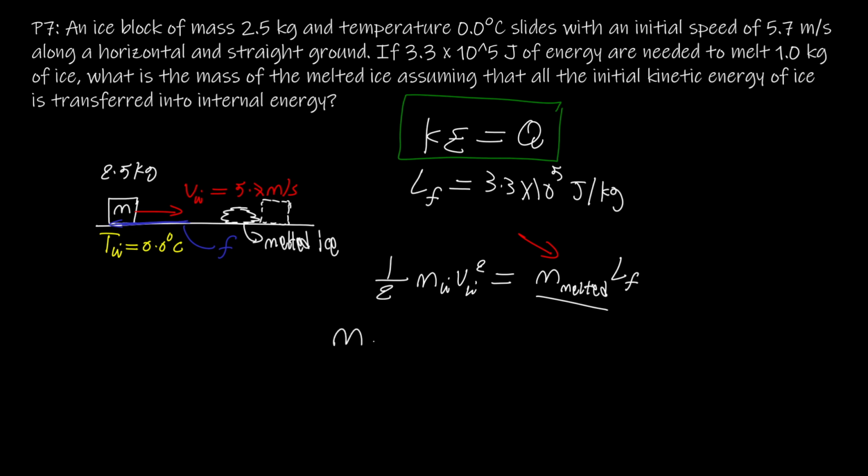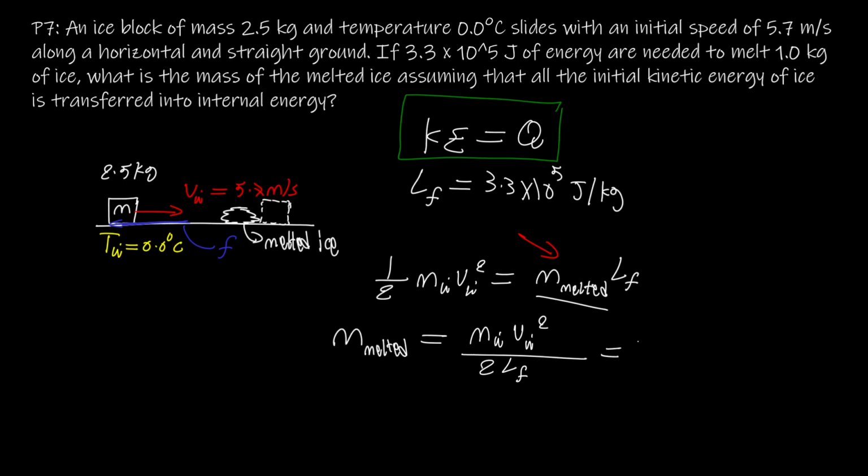So m melted is equal to mass of the ice times initial velocity of the ice squared divided by 2 times LF. Now this is just a substitution problem. We just substitute the values and we obtain it.